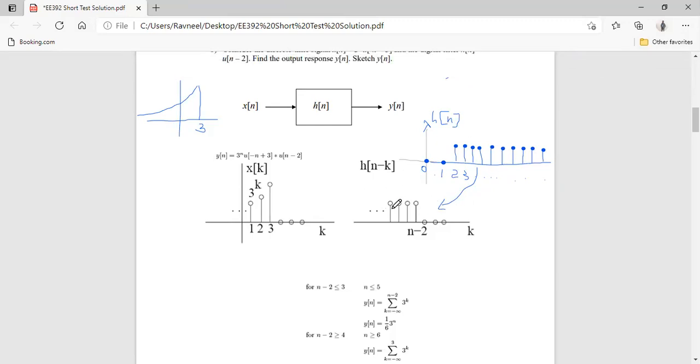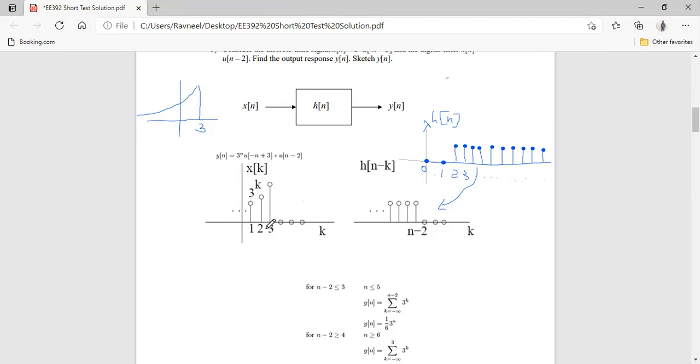It is continuous towards the negative infinity side, meaning there will be 1, 1, 1. The graph continues as it approaches negative infinity. So the reflected graph is something like this.